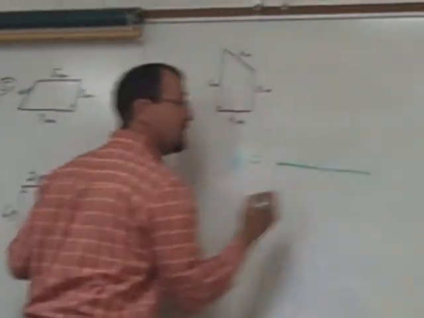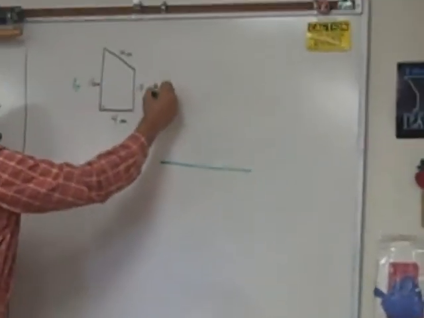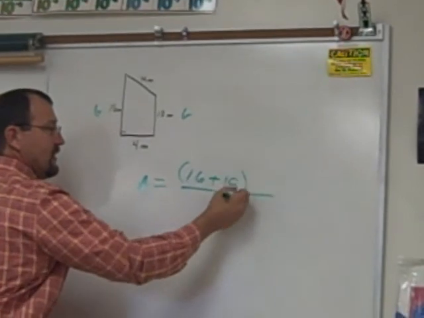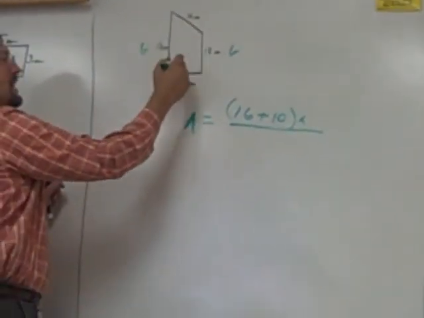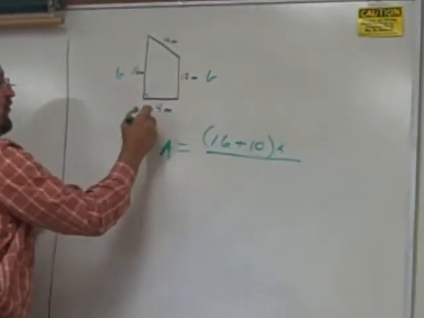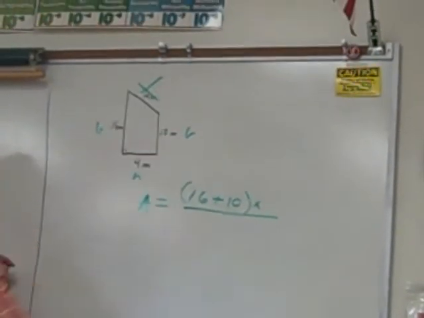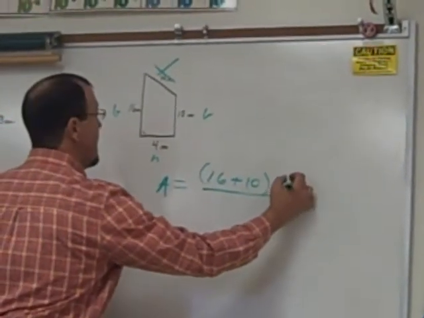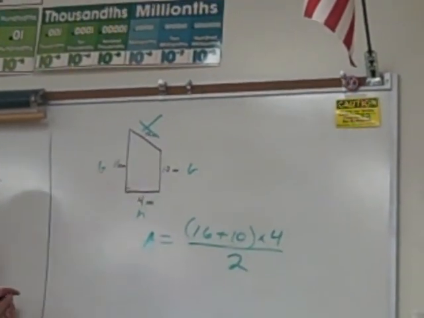A equals what? Oh, there's B and there's B, right? 16 plus 10, times 4. 14 or 4? 4. 4 is the height. The 14 is not used. It's extra. Times 4, and our formula says divide by 2.